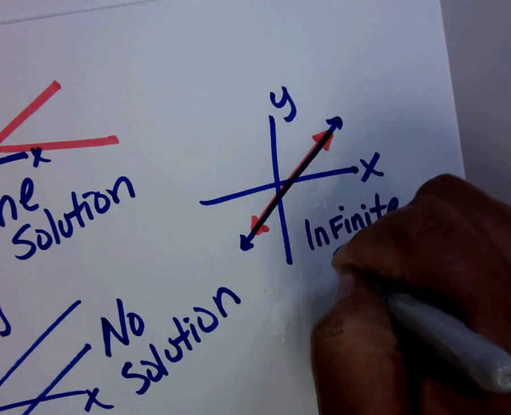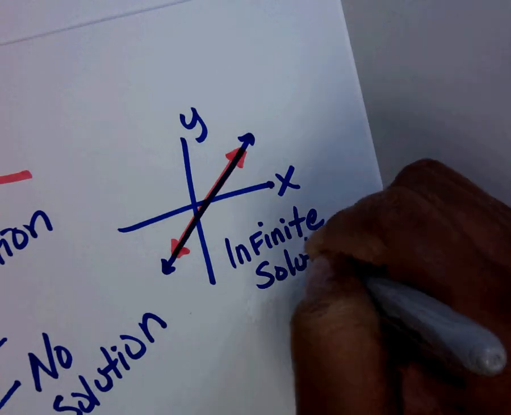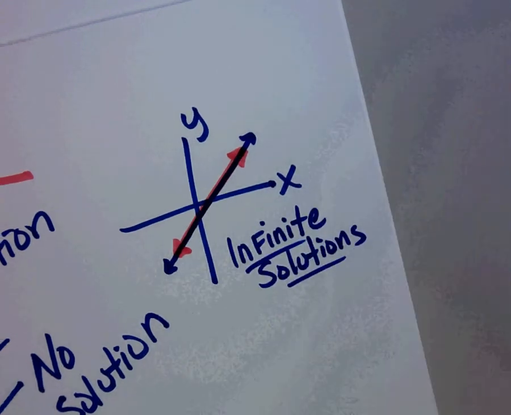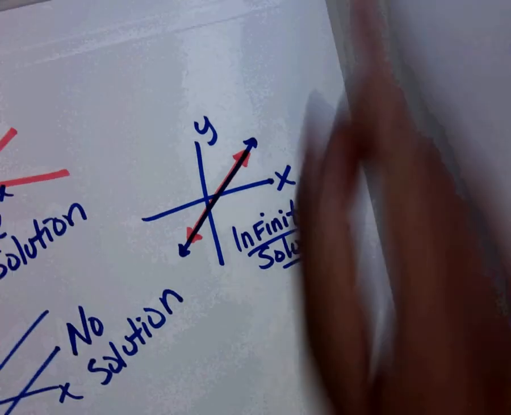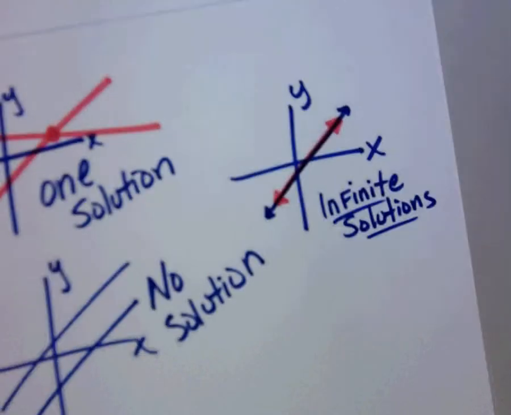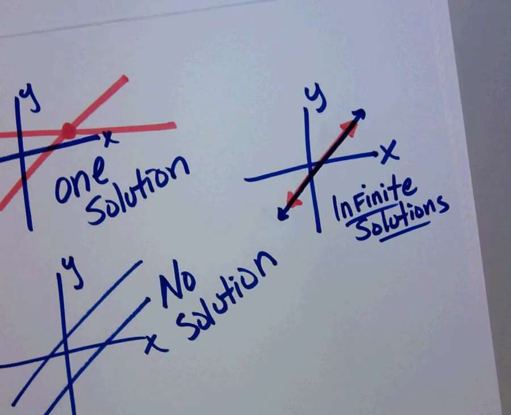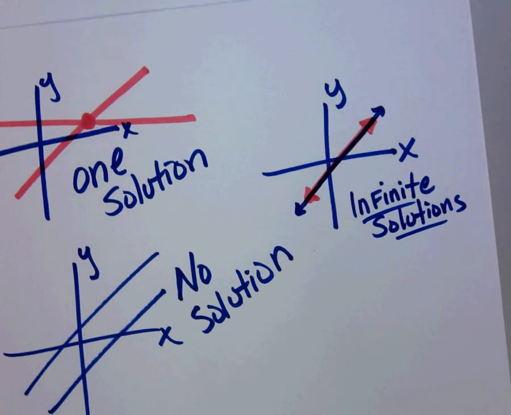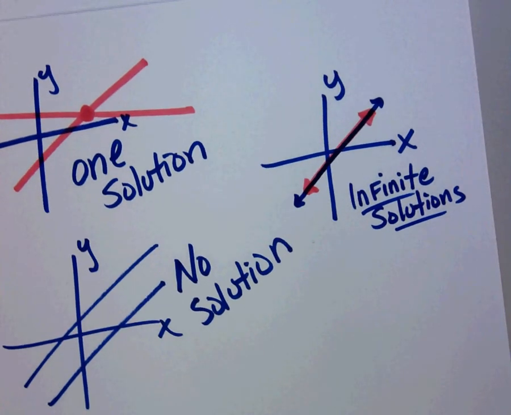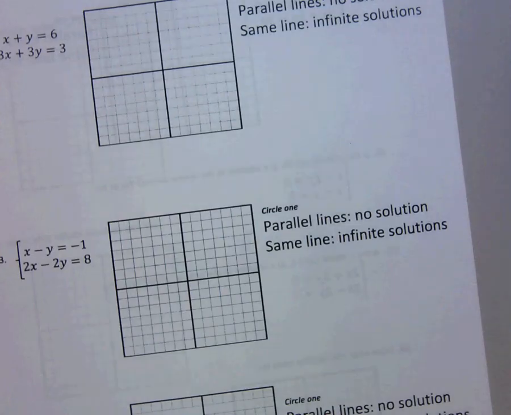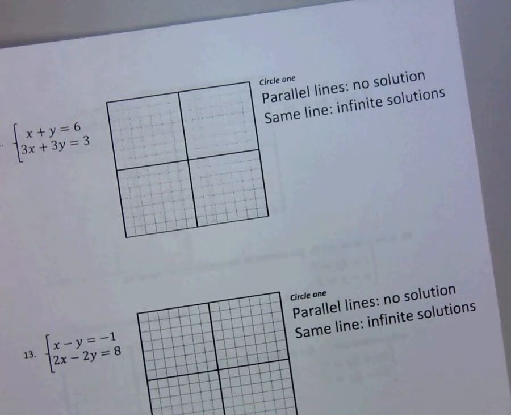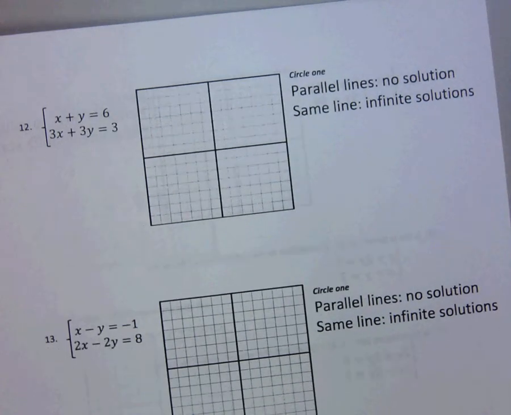That's called infinite solutions. So again, let me zoom out a little bit. Watch your eyes. That's one solution, no solution, and infinite solutions. Okay? So on this one, we've already done the one solutions. Now we're doing the no solutions and the infinite solutions.